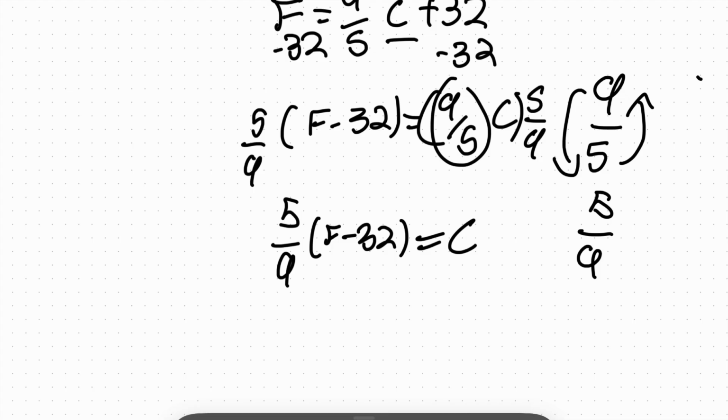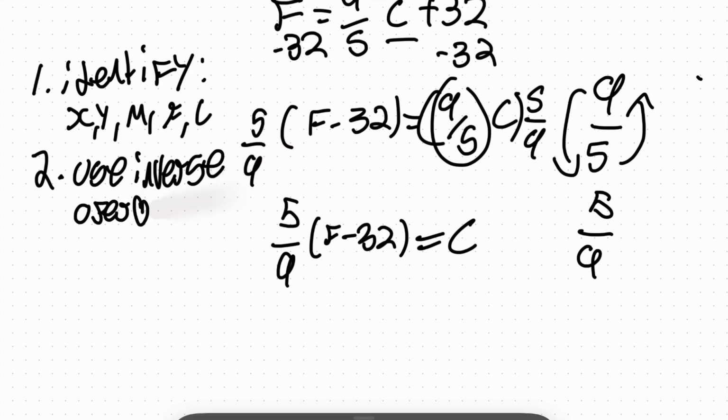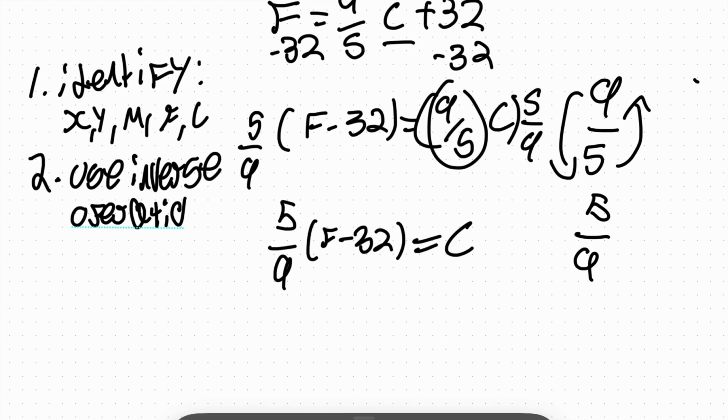A summary of the process is, step 1, what you want to do is identify which variable you want to solve for. This could be x, this could be y, this could be m, this could be F, this could be C, this could be whatever. But you want to identify which variable you want to solve for. Step 2, you know this. Use inverse operations. So you're solving it backwards, basically. The next steps, 3 and 4, are to keep all the variables in your answer. So we're just going to write keep. And make sure you remember this.